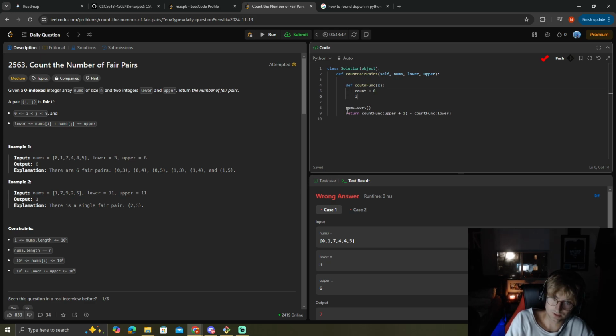We have i is equal to 0, j is equal to length of nums minus 1. i is less than j. i is less than j.